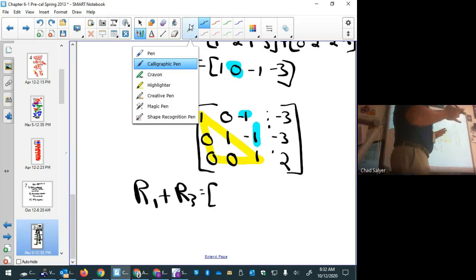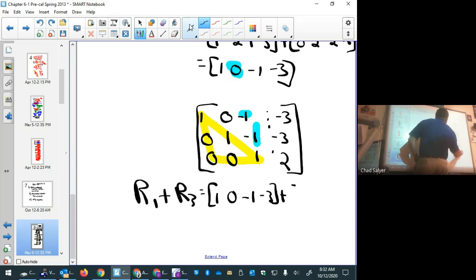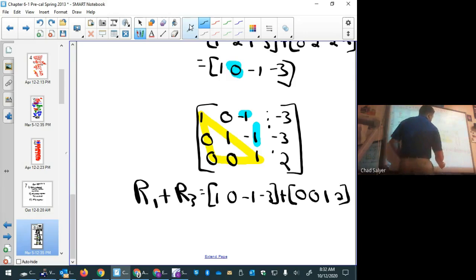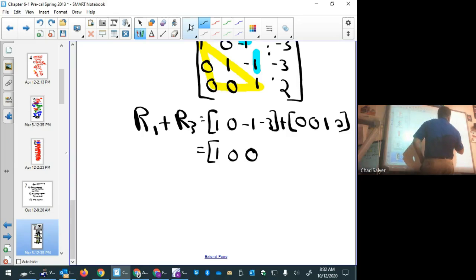I can multiply any row by a constant. I can do both of those simultaneously. Here we're using just row 1. So 1, 0, -1, -3, plus R3, 0, 0, 1, 2. So this is 1 plus 0, 0 plus 0 is 0, -1 plus 1 is 0. And then -3 plus 2 is -1.